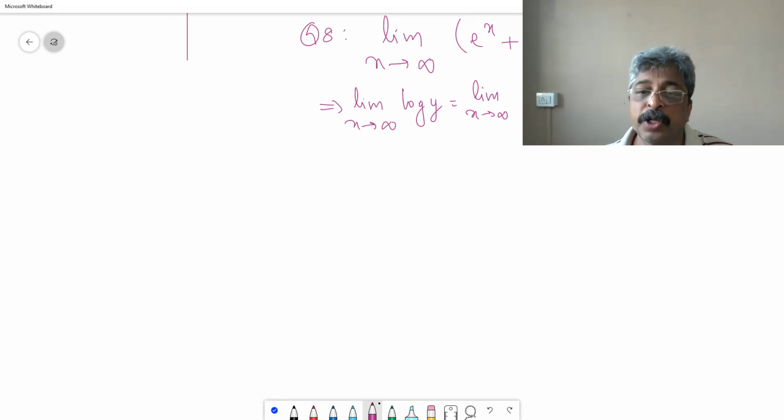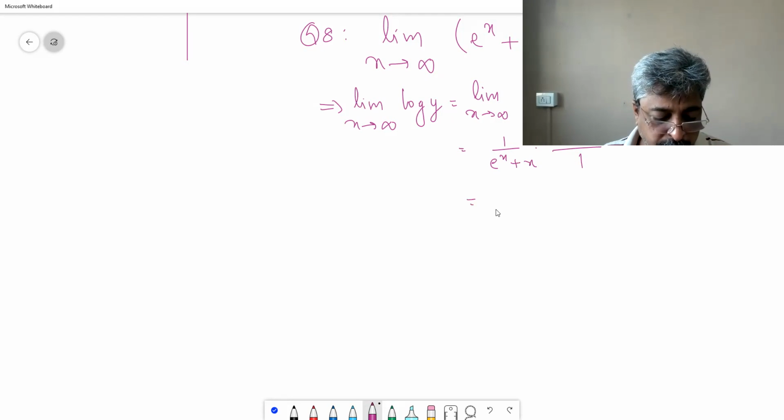Right? This is infinity upon infinity form. So differentiate. 1 upon (e^x + x) is the derivative of log, into the derivative of the inside, e^x + 1, upon the derivative of x, which is 1.